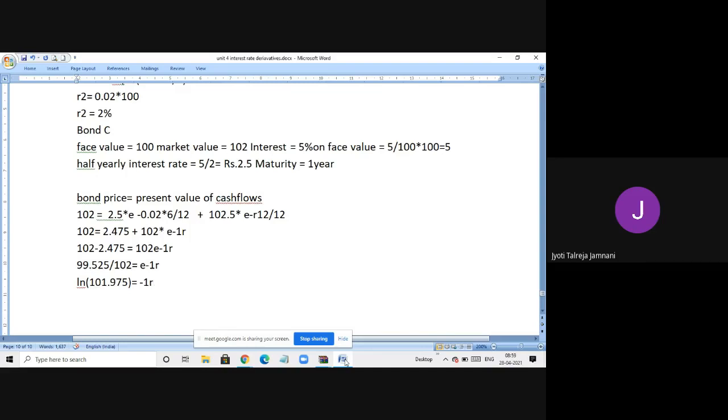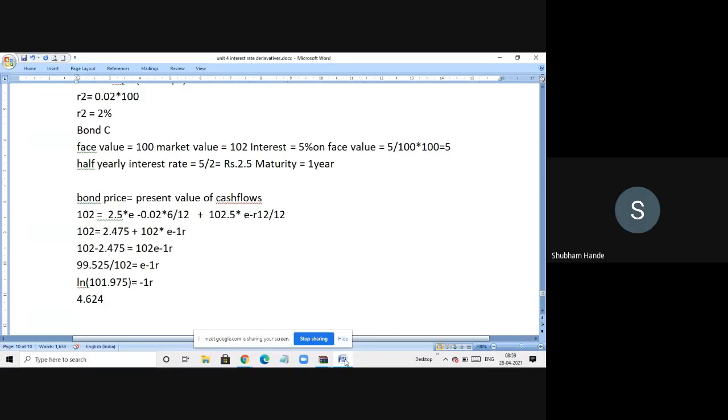Check how much you get. Natural log of 101.975, 4.624. Okay, then if we take this minus 1 to this side, it will become, just a second, I think something is wrong.